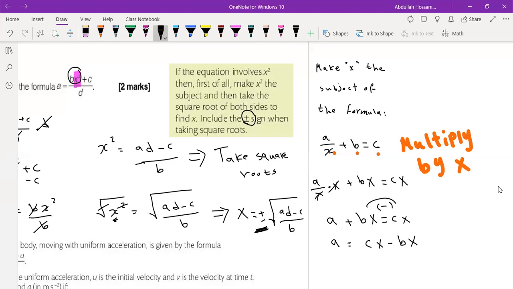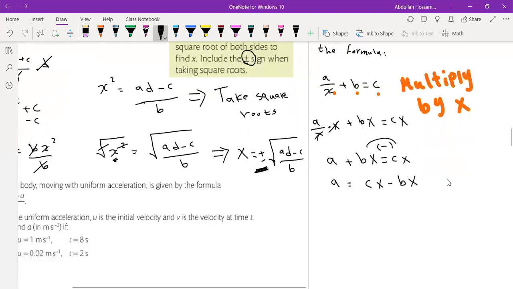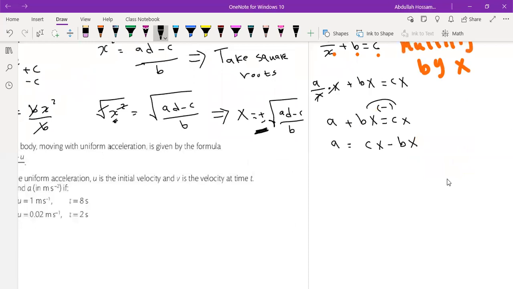And as you see here, x is written twice. So you need to factorize because x is written twice, here and here. So a equals x as a common factor, you have c minus b.